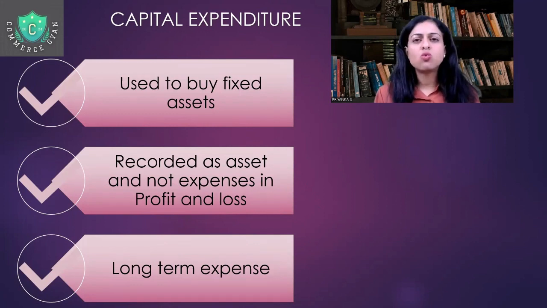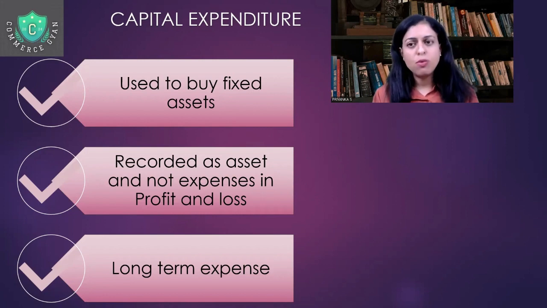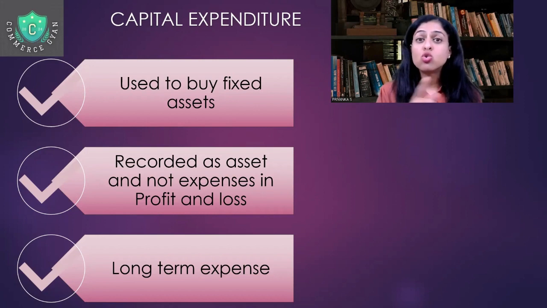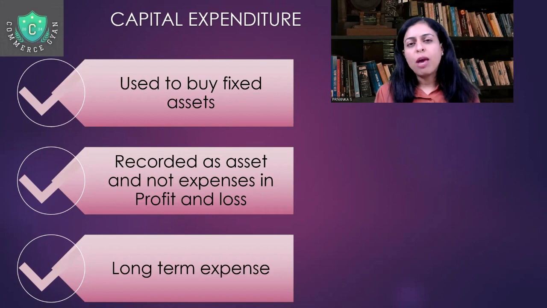Second important thing is whenever you're spending on fixed assets, these assets are recorded not as an expenditure but as an asset, right? It doesn't go to your profit and loss account, it goes to your balance sheet. And third important point when we talk of capital expenditure is the expenditure that you make on these assets is going to give you long-term benefits.